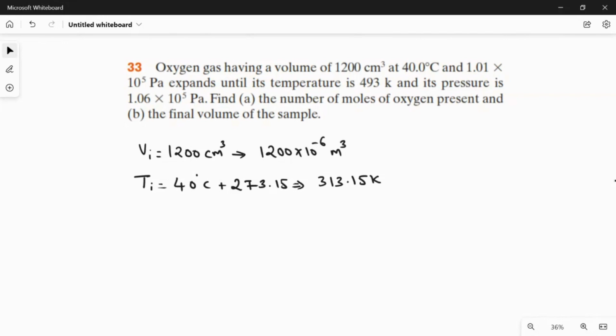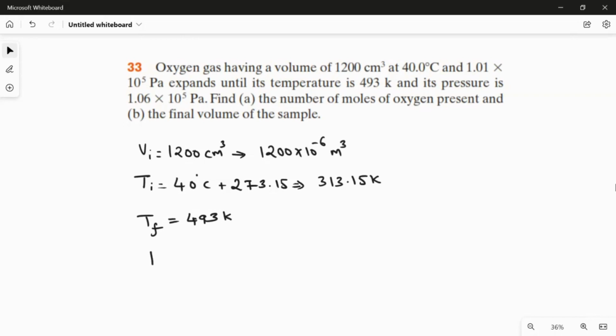And the final temperature is also given here after the expansion. So what's the value? Tf is equal to 493 Kelvin.